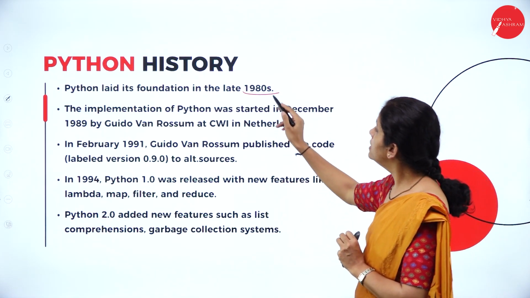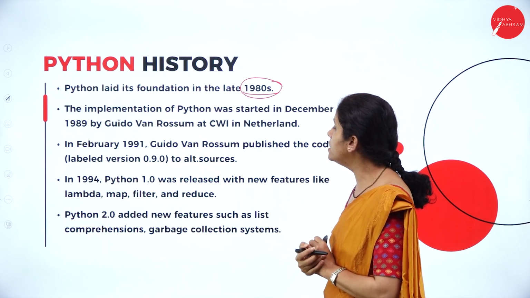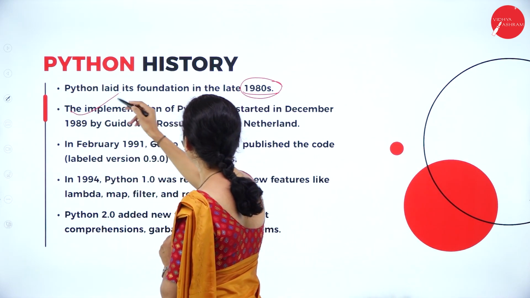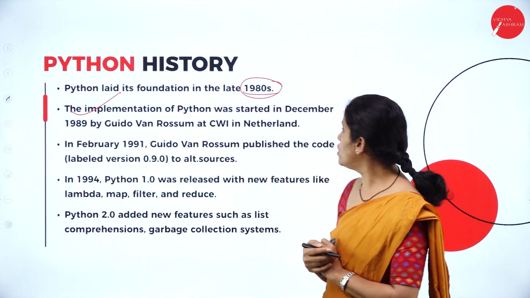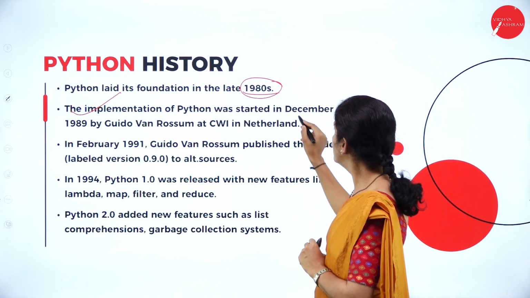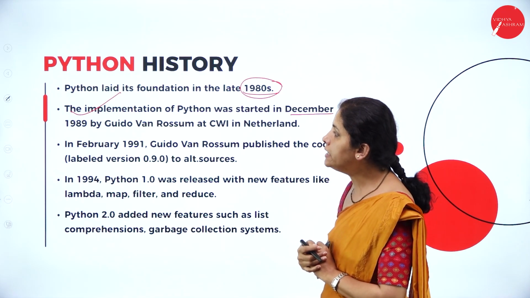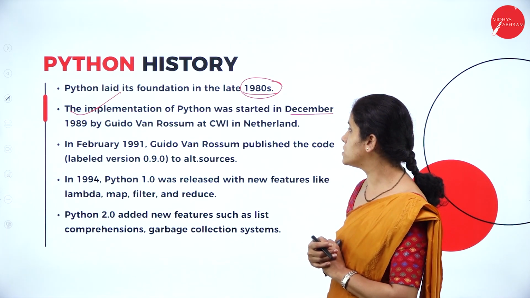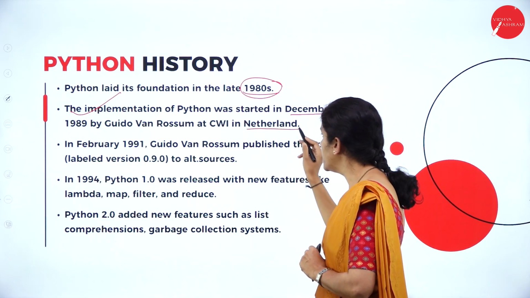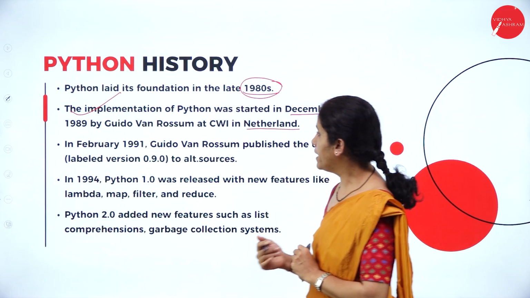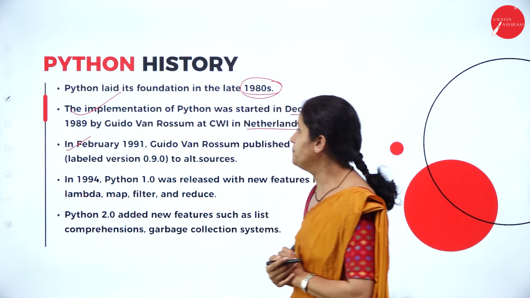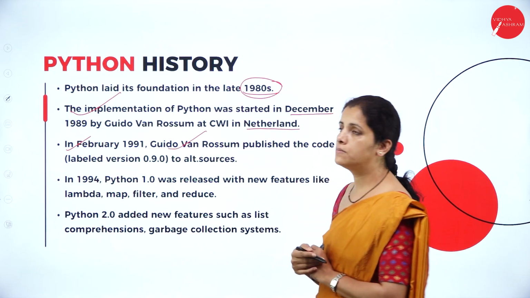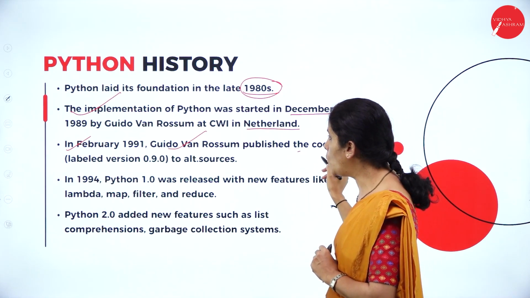The implementation of Python was started in December 1989 by Guido van Rossum, in the Netherlands. In February 1991, Guido van Rossum published the code.